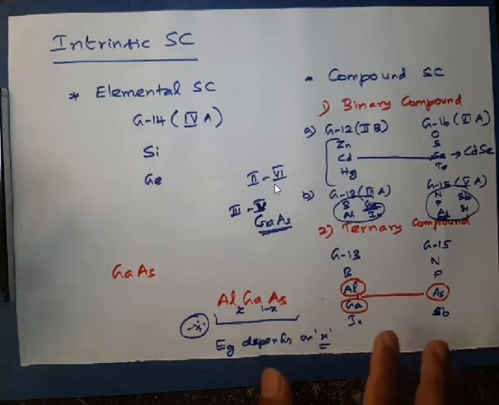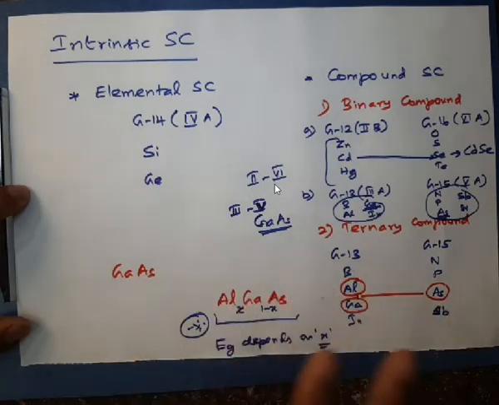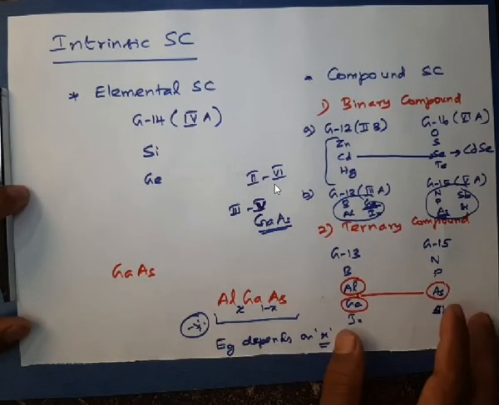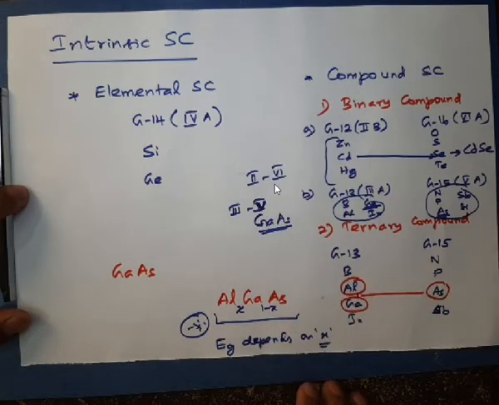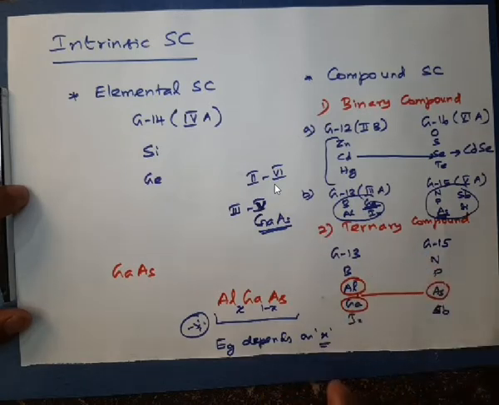So this is what we call a ternary compound semiconductor. We also have quaternary compound semiconductors, but this is the basic idea, so you can understand how quaternary compound semiconductors will work.